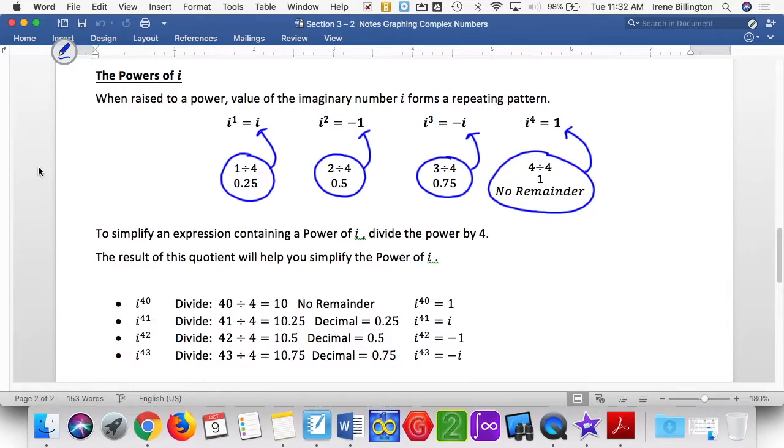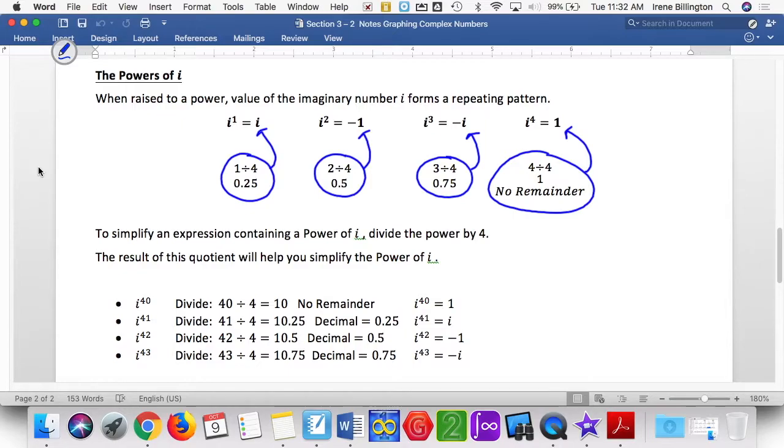For i to the 41st, take 41 and divide it by 4. That equals 10.25. Since your answer has a remainder of 0.25, it has a decimal 0.25, you know that i to the 41st is equal to i. For i to the 42nd, take 42 and divide by 4.